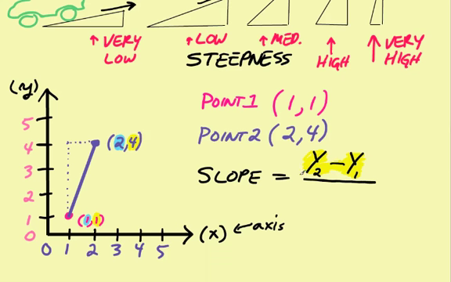Now the x values are what I want to go ahead and calculate. Okay, and now I want to subtract the x value from point 2, which is the 2 I highlighted right here with the blue. I want to subtract that from the x value in point 1.